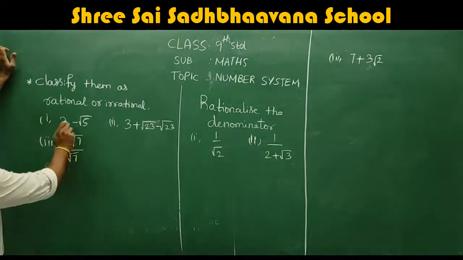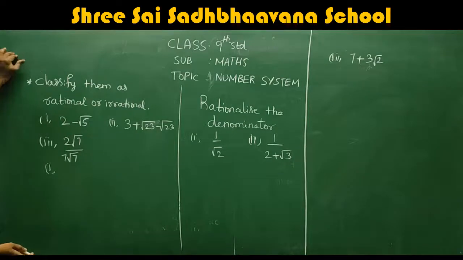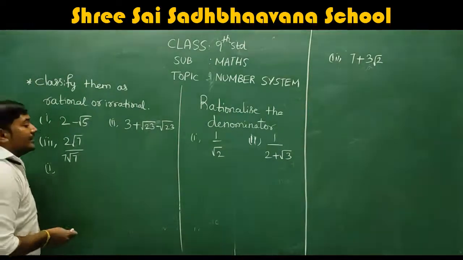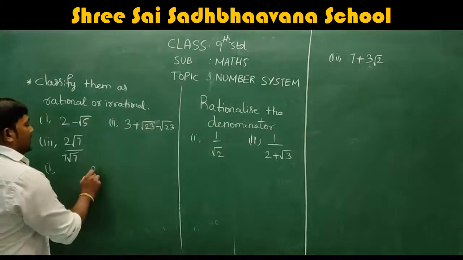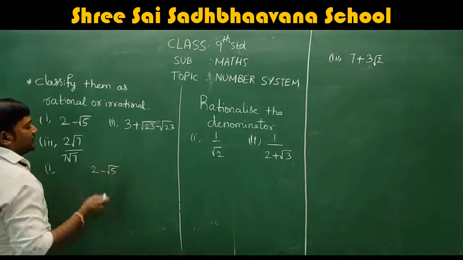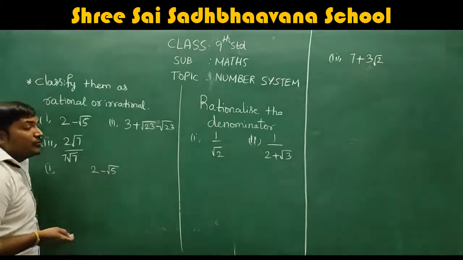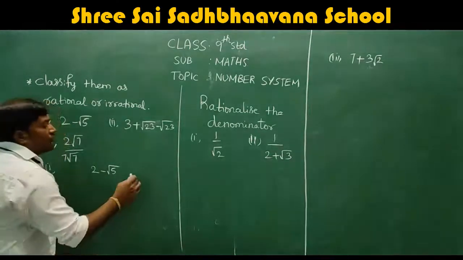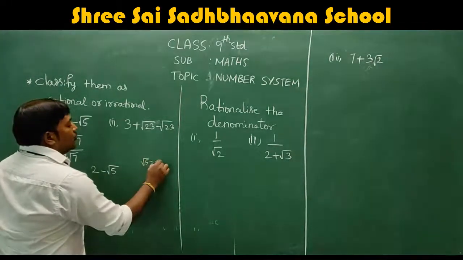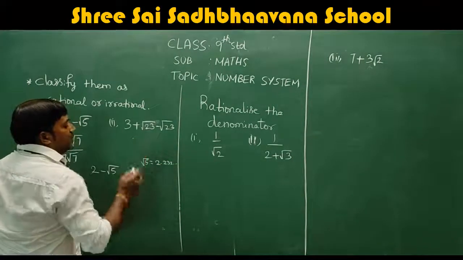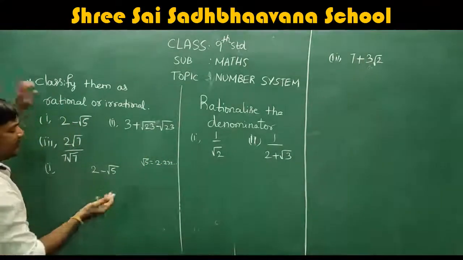So first we have to check whether this 2 minus root 5 is rational or irrational. The solution is 2 minus root 5. What is the value of root 5? Root 5 is 2.232 and so on, just an approximate value.